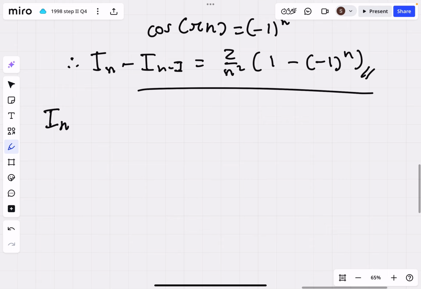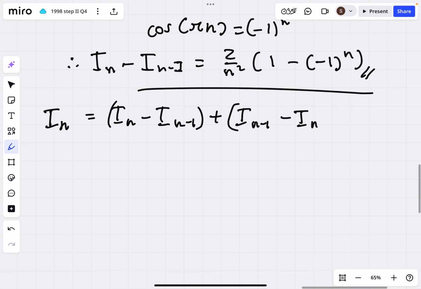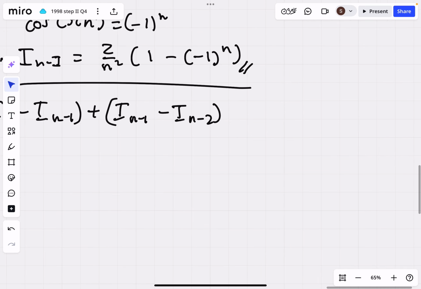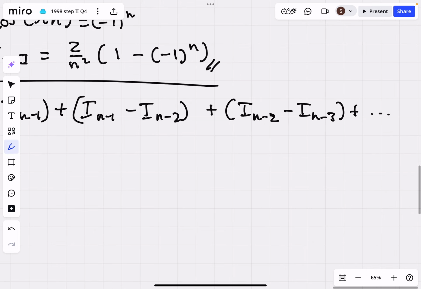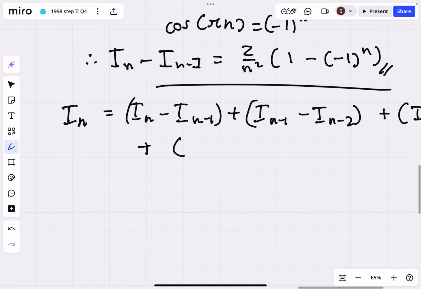We can notice that I_n plus I_n minus 1 minus I_n minus 1 minus I_n minus 2 plus I_n minus 2 minus I_n minus 3 plus ... and this continues to I_1 minus I_0 plus I_0.